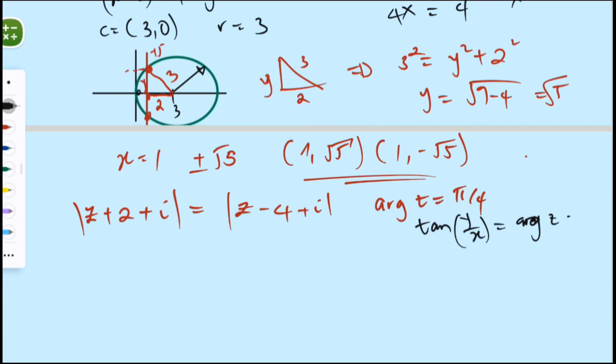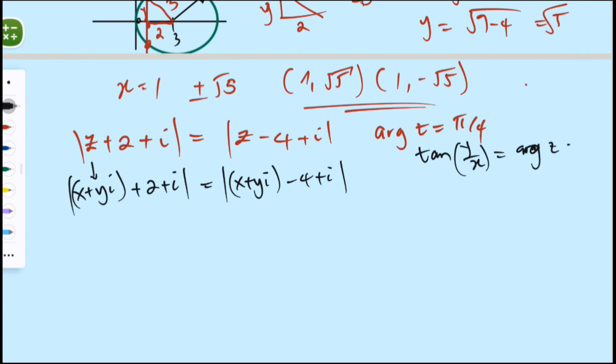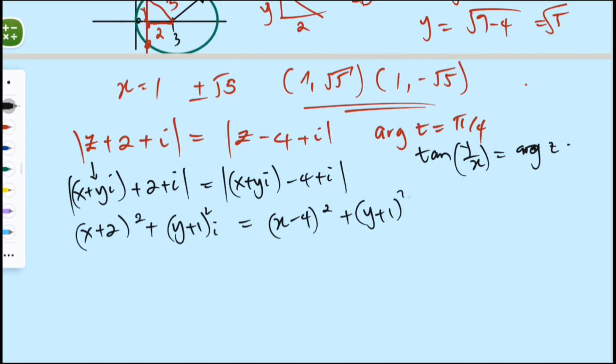We need to find x and y. As always, our z is x + yi. So we're going to have (x + 2)² + (y + 1)² on this side, equal to (x - 4)² + (y + 1)² on the other side.